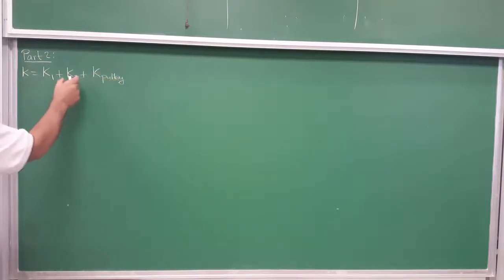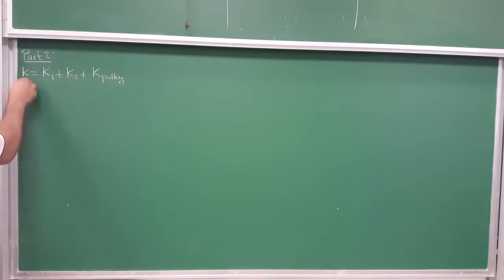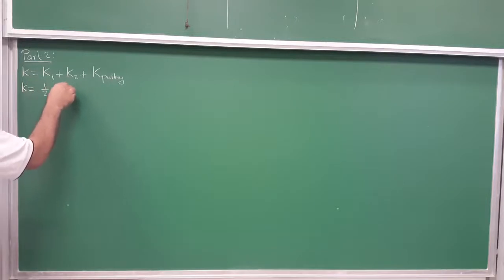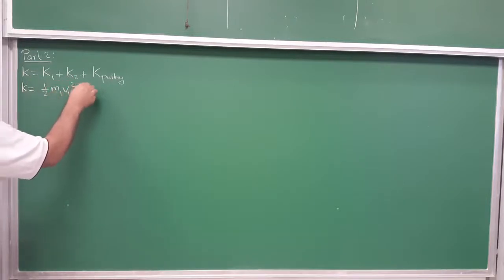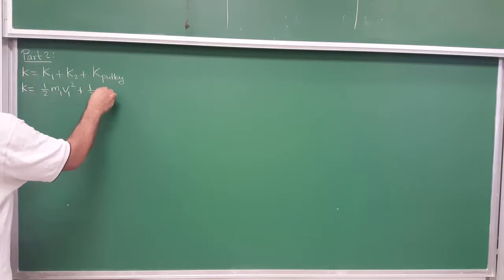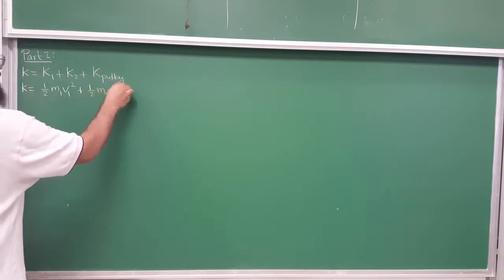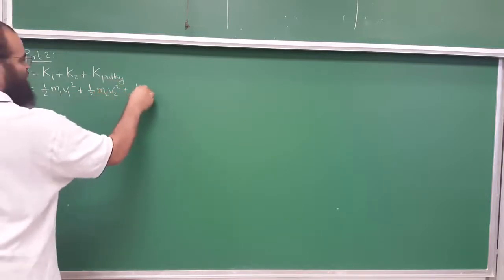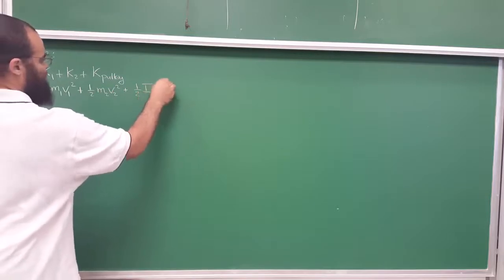Pulley has rotational, and these have translational kinetic energies. So that's equal to 1/2 m1 v1 squared plus 1/2 m2 v2 squared plus 1/2 I omega squared.